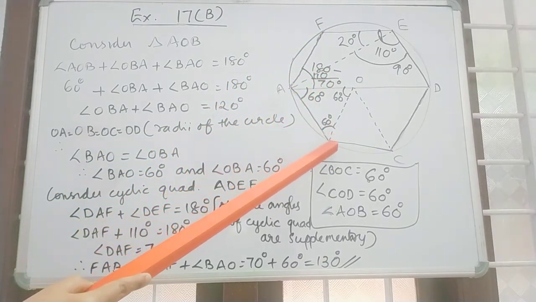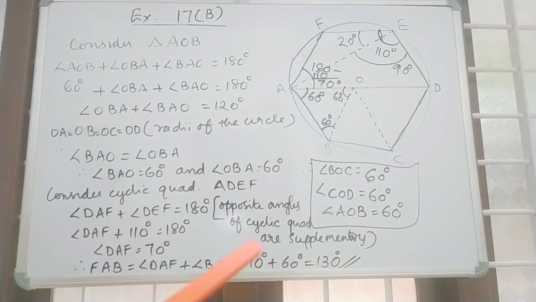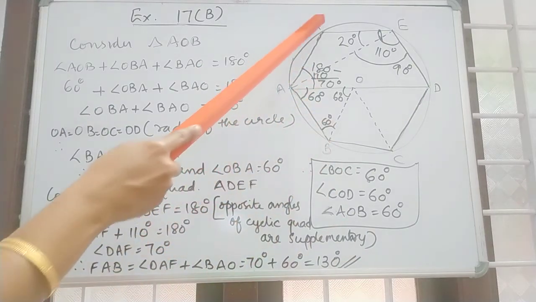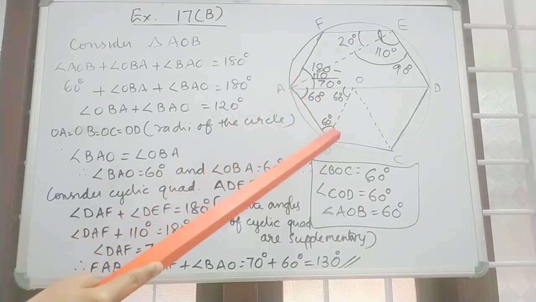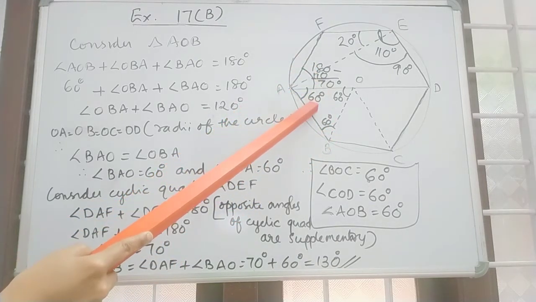Now we got angle BAO as 60 degree. We want to find out angle FAB. Look at FAB. FAB is the sum of two angles. Which two angles?